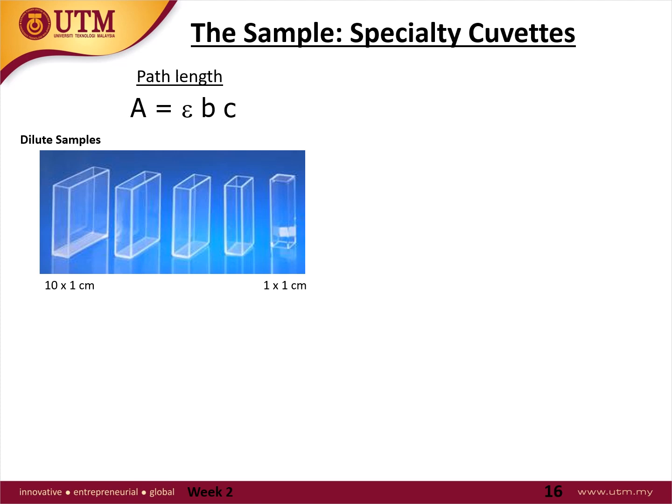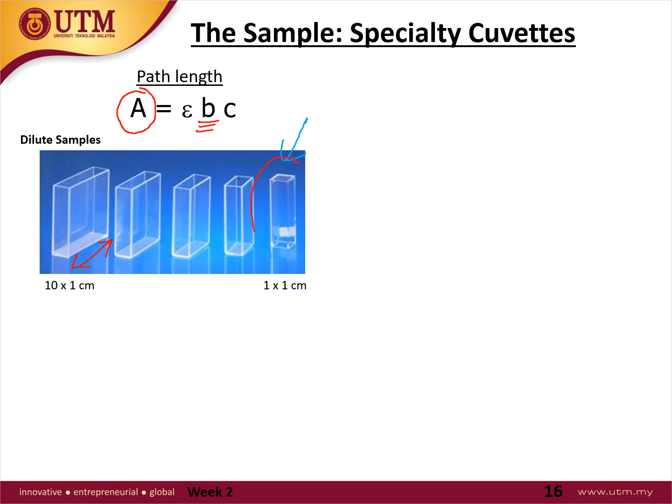So path length is depending on your cuvette. The bigger the cuvette you use, the bigger your path length b is, which means that later you will have higher absorbance. Okay, but which one to be used?